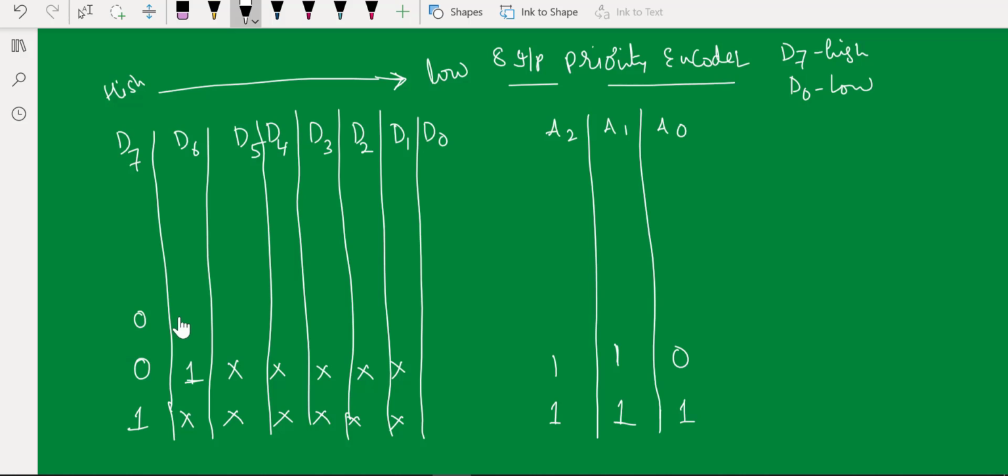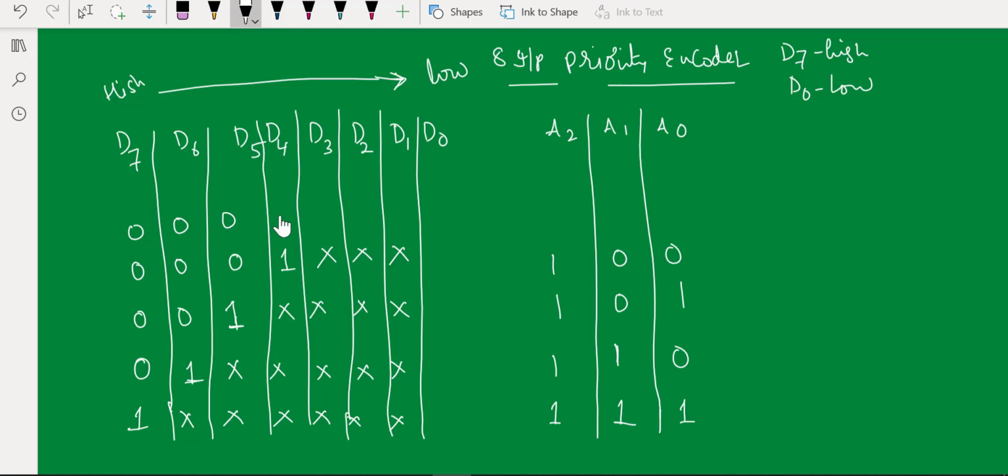Similarly, when D7 and D6 are 0 and D5 is pressed, it doesn't have to care about the other inputs lower than D5, because D5 has the highest priority. You are supposed to get 1, 0, 1. If D7, D6, D5 are 0 and D4 is pressed, D4 is the highest priority now. You don't have to care about the rest, so you are going to get 1, 0, 0.